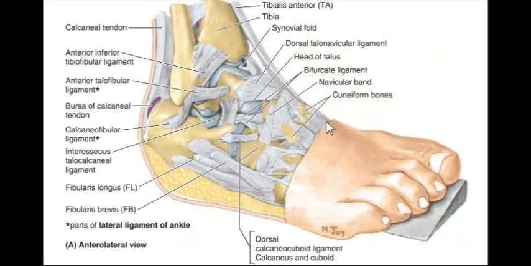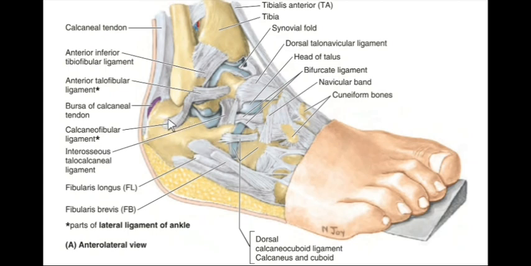The anterior talofibular ligament is a flat band which passes from the anterior margin of the lateral malleolus to the neck of the talus. The calcaneofibular ligament is a long, rounded cord which passes from the notch on the lower border of the lateral malleolus to the tubercle on the lateral surface of the calcaneum.